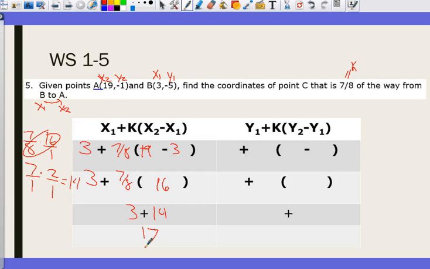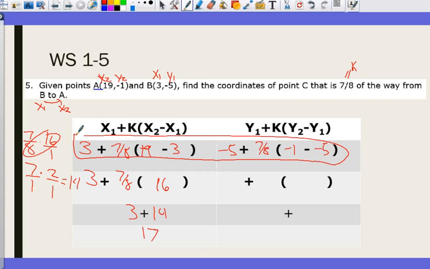All right, this one. Y1 is -5. K is 7/8. Y2 is -1. And Y1 is -5. Okay, so to get full credit, or to get credit, that's what you needed. Let's actually solve this. -1 minus -5 is going to be 4, so 4 times 7/8. 7/8 times 4/1.